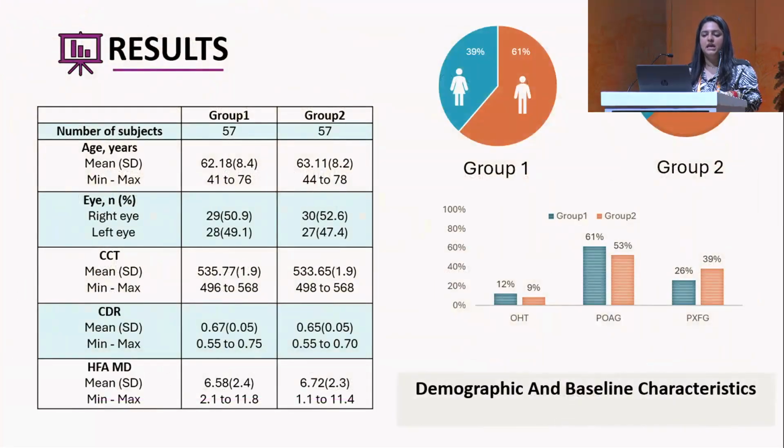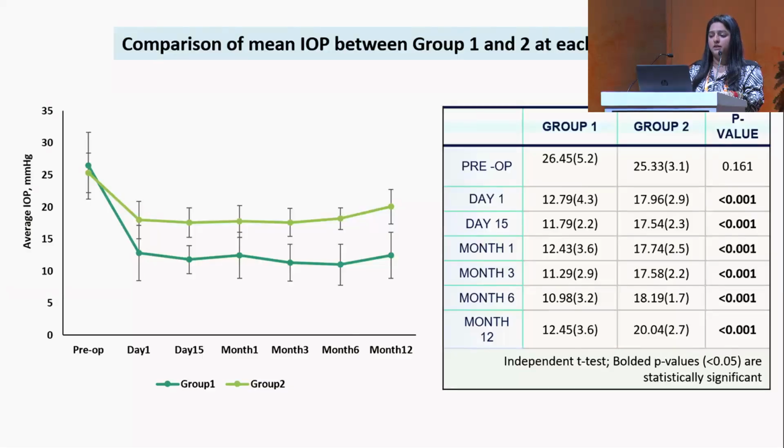Coming to results, in both the groups the baseline characteristics were comparable and there was significant increase in best corrected visual acuity in both the groups. The mean intraocular pressure was significantly reduced in both the groups, with more significant reduction in the phaco-microhook group, from preoperative 26.45 to postoperative 12.45 mm of mercury.